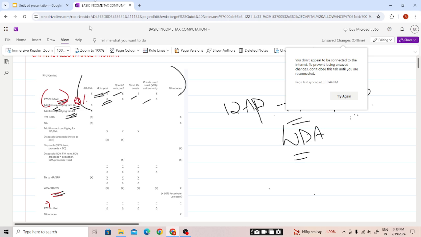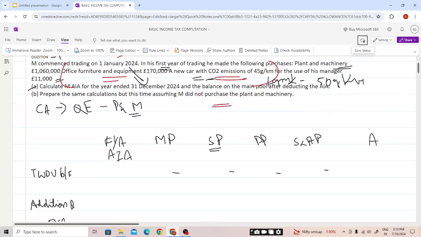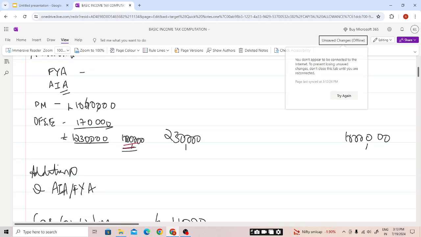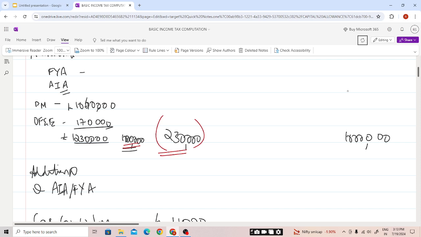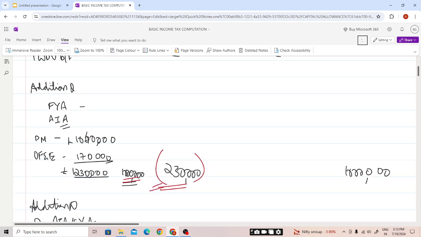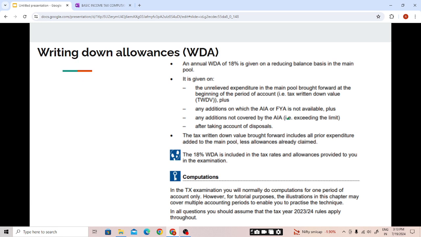We have seen in our example number 1, students, we have claimed the AIA of 1 million, this is the limit, and on this we are calculating the WDA because this has exceeded the limit. The tax written down value brought forward includes all prior year expenditure added to the main pool less allowances already claimed.